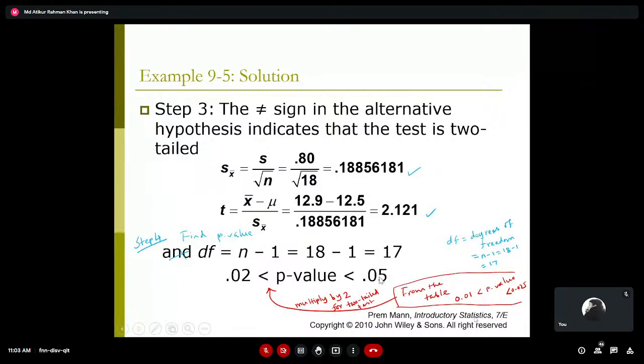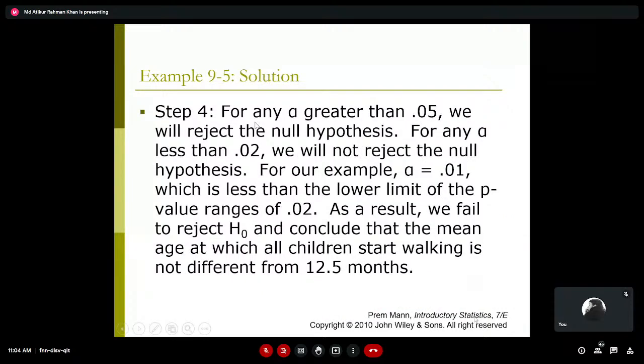So even if you look at that, alpha is even less than the lowest p-value. So we can reject or accept. If p-value is less than alpha, we reject. But here, the p-value is greater than alpha. So we do not reject the null hypothesis.